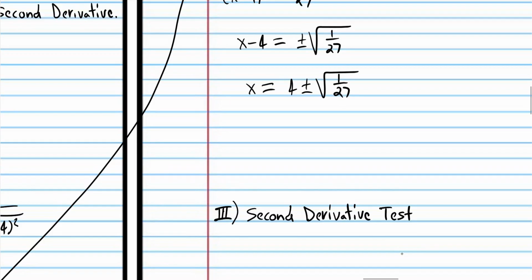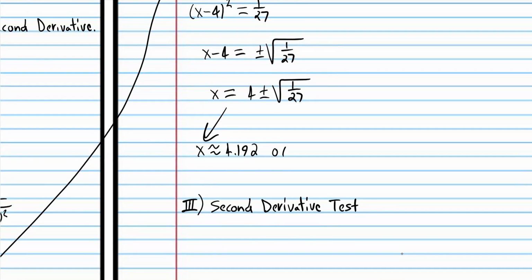It just depends on what kind of calculator you're using. So I got that for x, or, let's see what else we get. I got 3.8075.